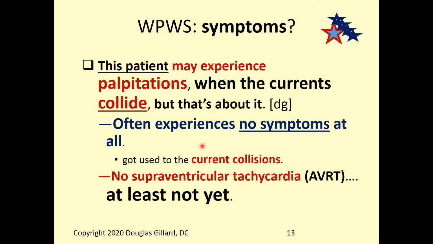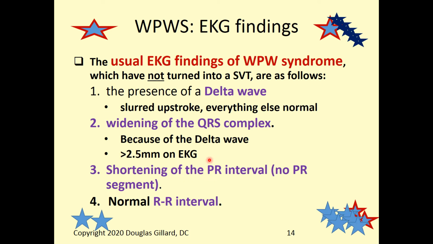How about on the ECG tracing? How about on an EKG? Yeah, we can see the delta wave. The QRS complex is going to be too long, and the PR segment or PR interval is going to be too short. Right? Simple. So the usual EKG findings of Wolff-Parkinson-White syndrome, simple.